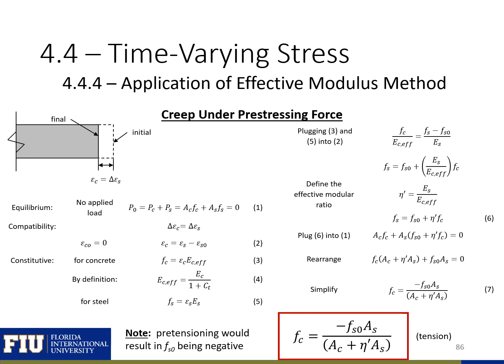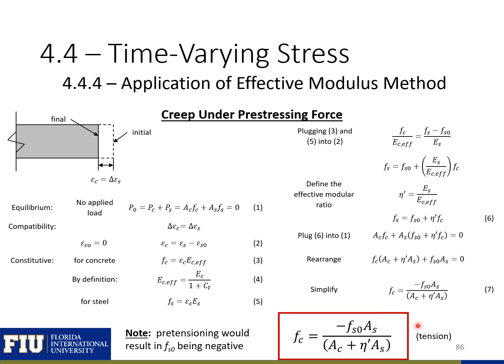On this slide is a derivation for an expression to find the concrete stress caused by pre-stressing. So you can again pause the presentation and look at the derivation if you like, but I'll highlight we're using again the effective modular ratio with EC effective to take into account creep.